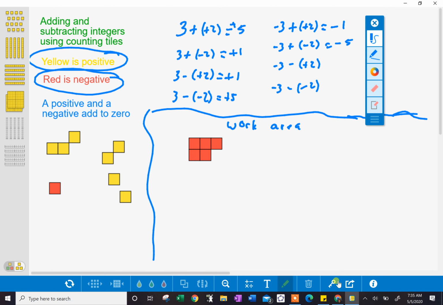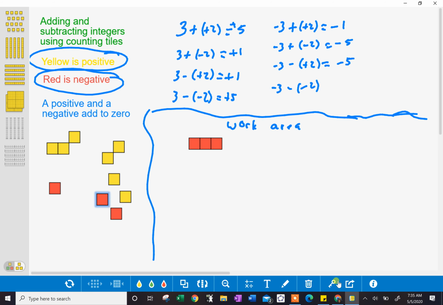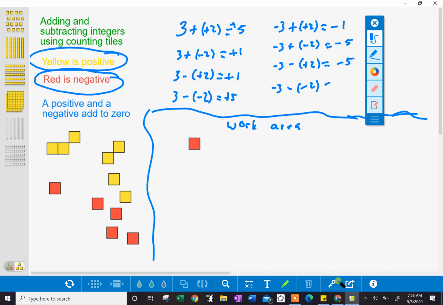And once again, you'll see that now I'm left with 5 negatives. And last one, if I have 3 negatives, which I do, and I'm going to take away 2 negatives, I'm left with clearly just 1 negative.